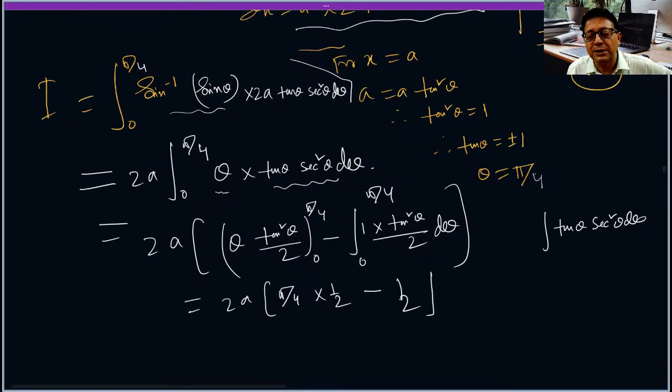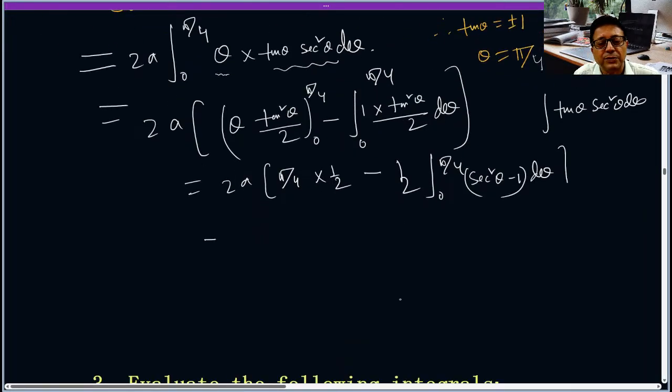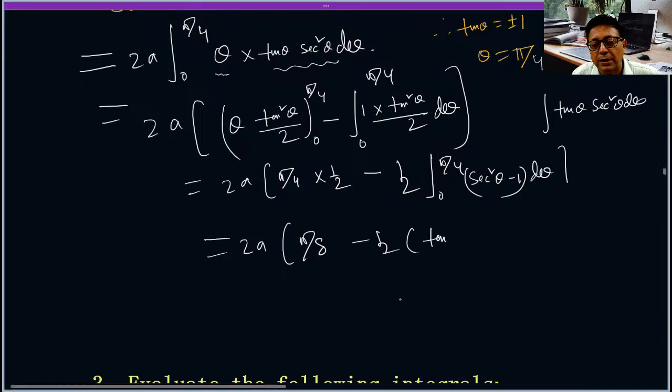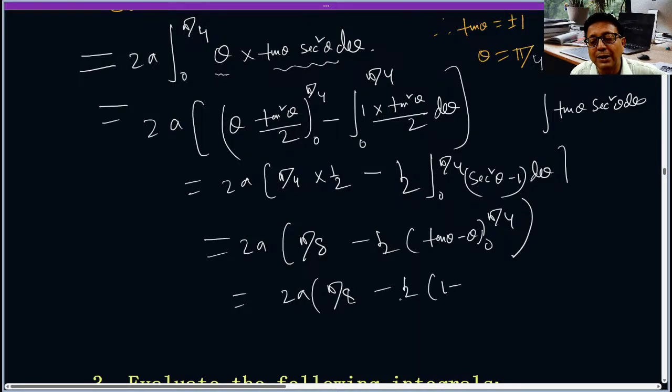How to integrate this? You write tan square as sec square theta minus 1. Isn't it? 2a half into this you write tan theta minus theta, then upper limit minus lower limit. 2a into tan pi by 4 is 1.